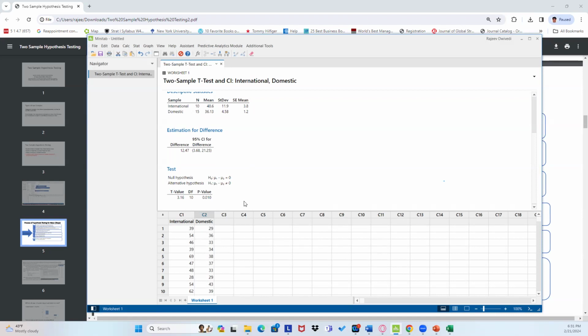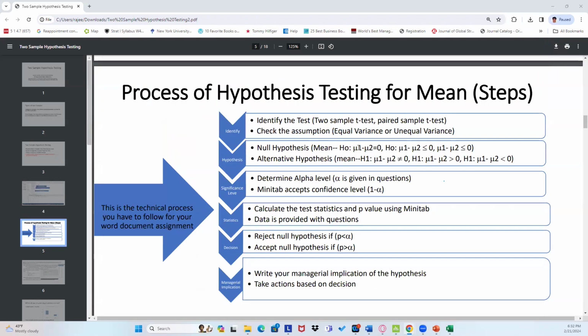What is the null hypothesis? Let me go back. The null hypothesis says there's no difference. If the p-value is less than alpha, and here the p-value is 1% and alpha is 5%, we reject the null hypothesis and accept the alternative hypothesis. What is the meaning of that?